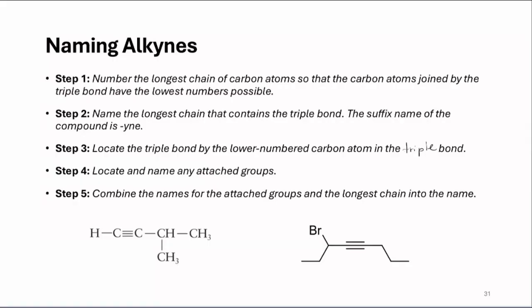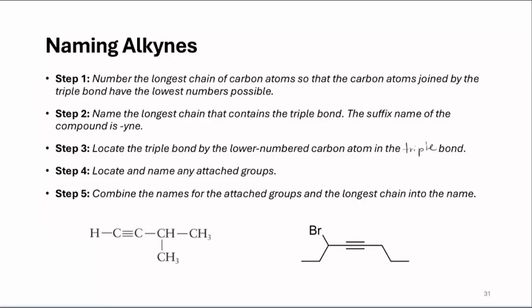And then we are going to put the location of the first carbon in the triple bond, followed by the root, which is the number of carbons in the longest parent chain. And then the ending is going to be "-yne" for our functional group. A prefix will be added only if we have substituents in our molecules.